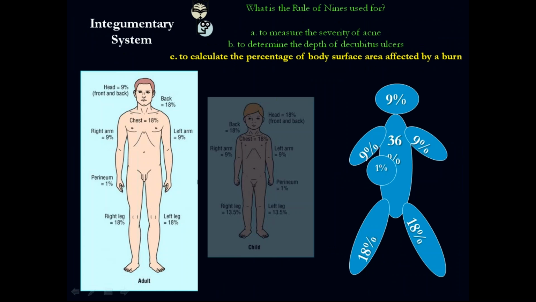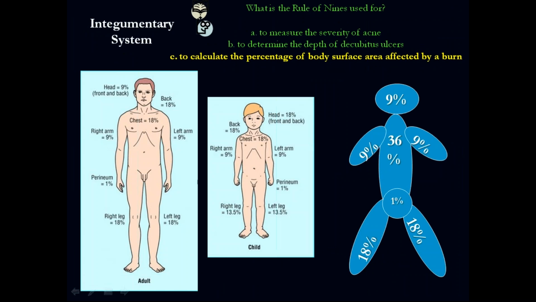Let's talk about the rule of nines. Please remember, 9 is the whole head. It's not only anterior or posterior; if you are talking about posterior and anterior, it's 4.5 plus 4.5. So that is the whole head. One arm is also 9, and the same for the other arm.